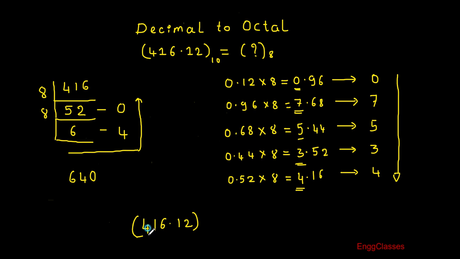So this is the number in decimal, and I have got its equivalent octal number, that is 640 point, what I have here, so it is 07534. Let me write the base as 8.